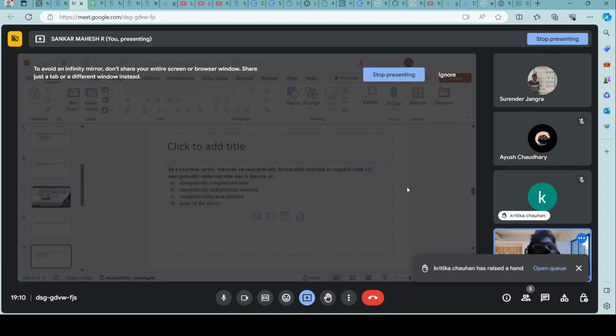Like Kritika had mentioned, oxidation reduction reaction is basically redox reaction, where transfer of electrons happens, and one species gets oxidized, the other species gets reduced.